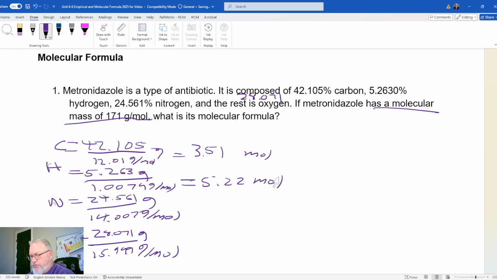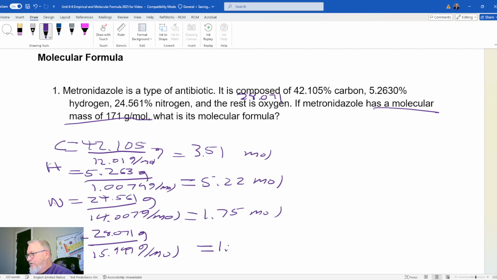And nitrogen, 24.561 divided by 14.007, I got 1.75 moles. And then 28.071 divided by 15.999, I got 1.75.